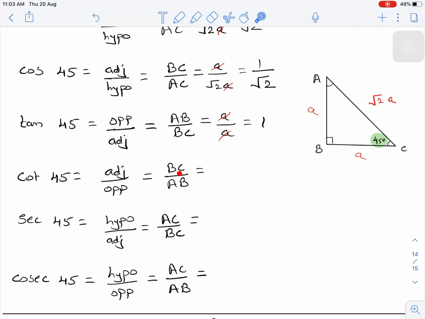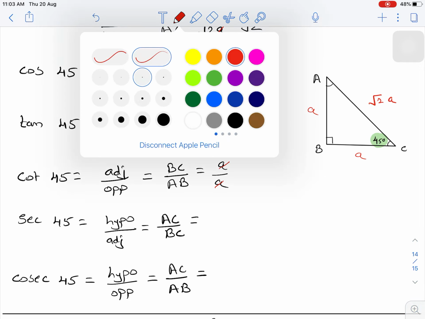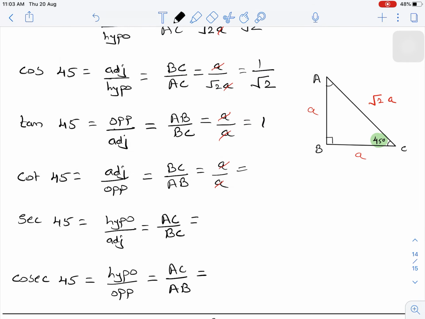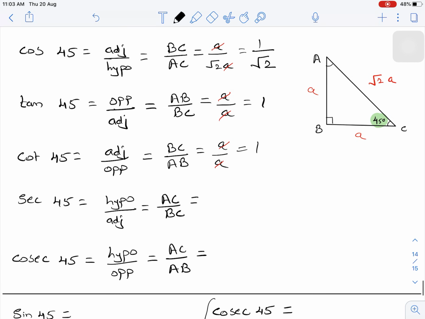So for this angle 45, adjacent side is BC, we have written it here, and opposite side is AB. Okay, so value of BC is A and AB is also A. So again you will get A upon A, which after cancelling you will get equals to 1.